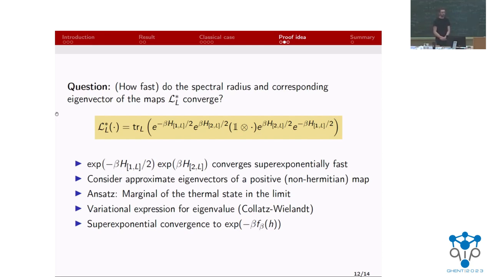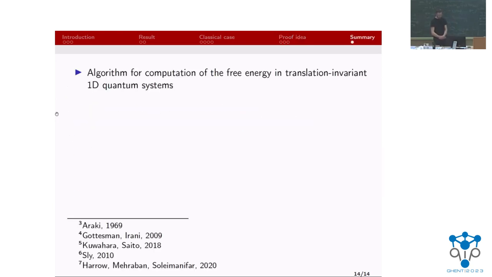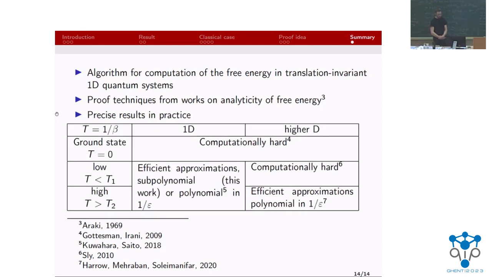Thanks for the very nice talk. Your argument was based on this proof of analyticity in 1D, and in your last slide you say that in higher dimensions you can compute it above some threshold. Could you also efficiently compute it if you somehow know that you're in a region where there's no phase transition, so the free energy is analytic in this region?